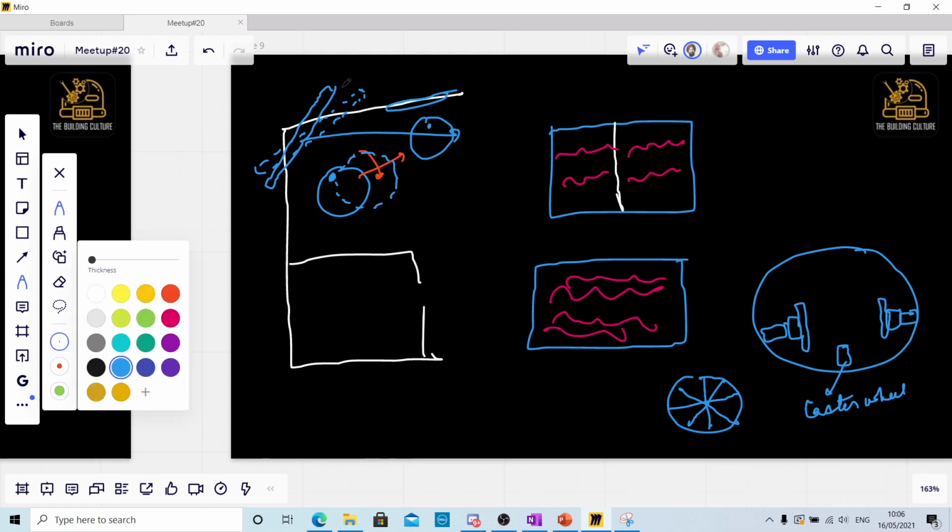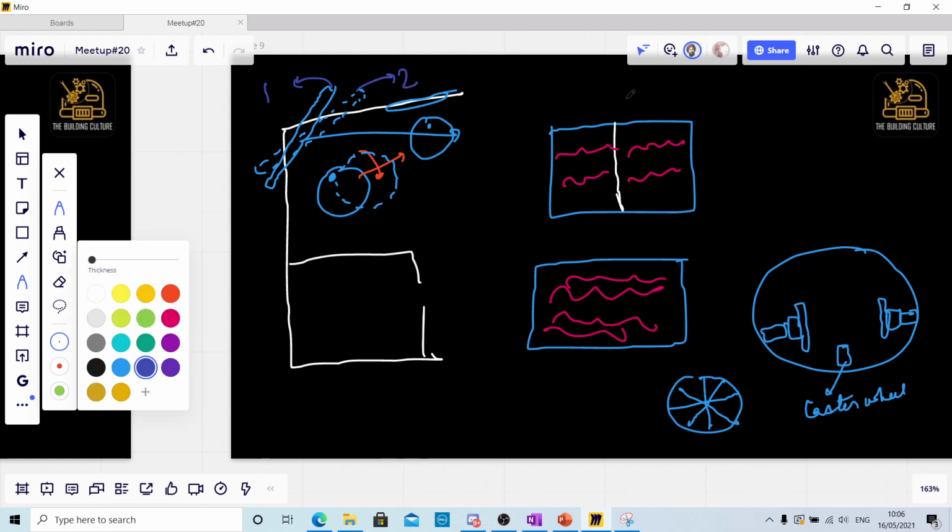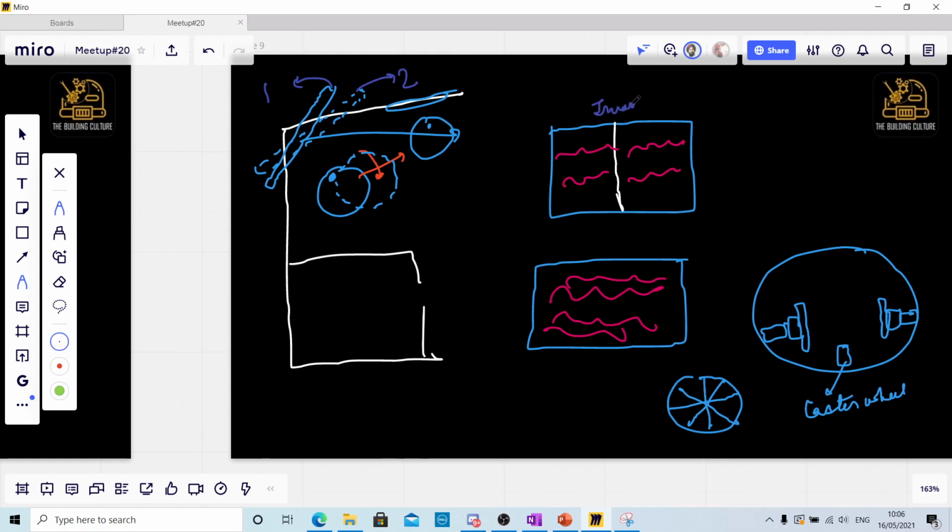So we are assuming that we have textures like these on the wall. Let's say that this is image 1 and this is image 2.